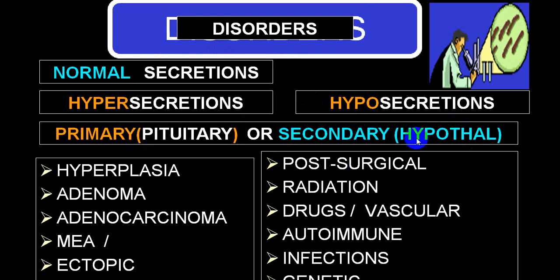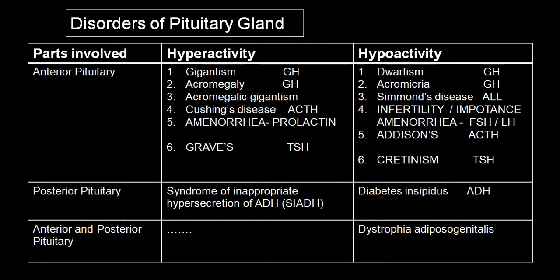And if the hypothalamus is at fault and producing hyposecretion or hypersecretion, then it is called a secondary pituitary disorder, secondary hyperpituitarism or secondary hypopituitarism. Also, this iatrogenic will be put into secondary groups. Ectopic will be put into secondary groups. So these are the different labelings of pituitary disorders.